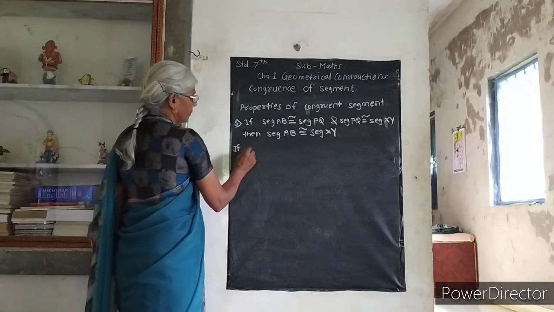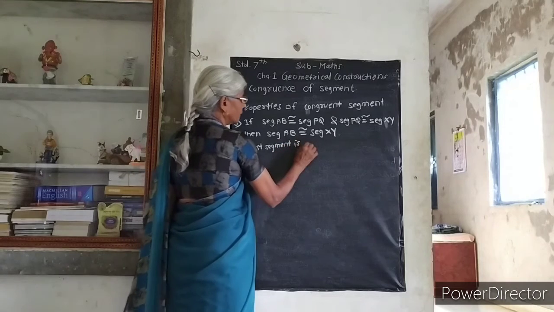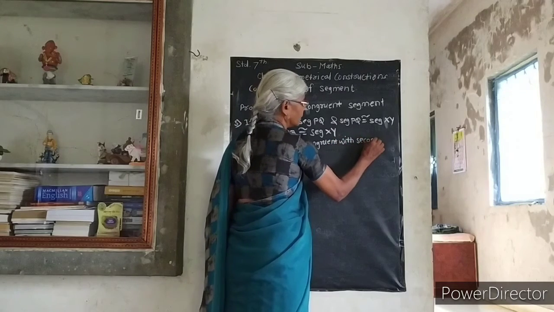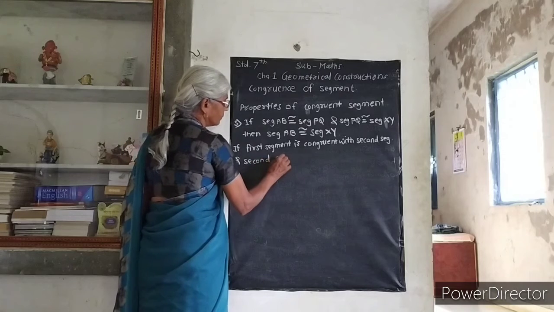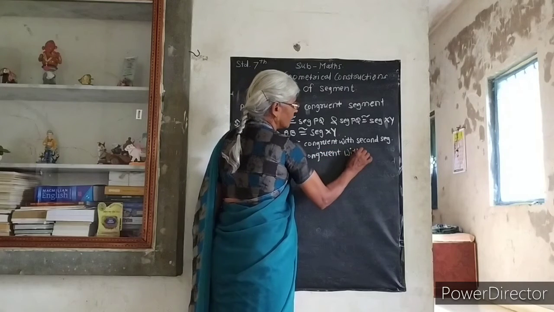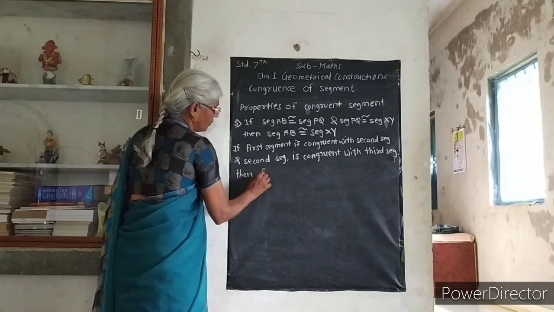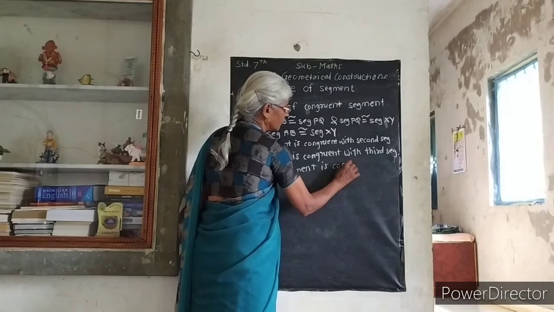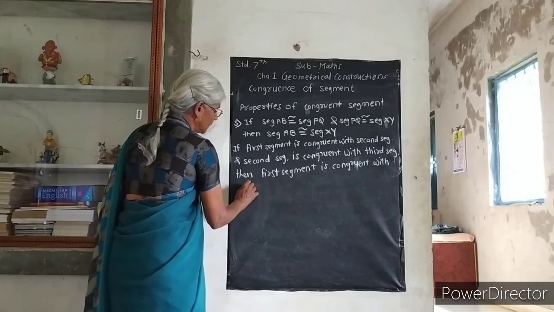If the first segment is congruent with the second segment and the second segment is congruent with the third segment, then the first segment is congruent with the third segment.